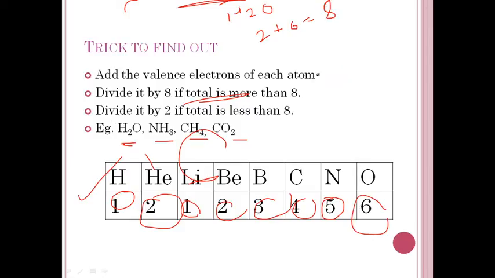So see the second rule. If the total number is more than 8, you have to divide it by 8. If it is 8 or less, then you have to divide it by 2.